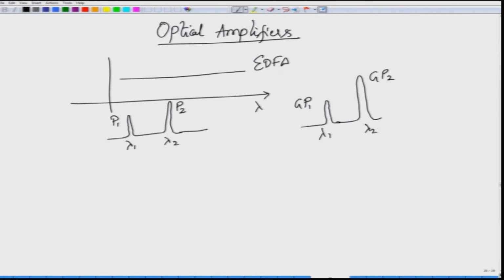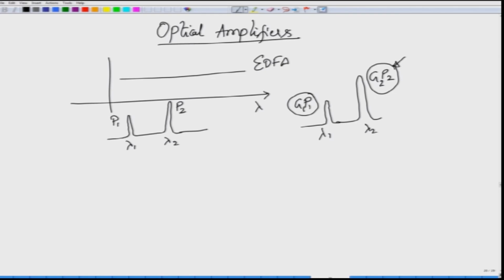However, because erbium doped fiber amplifier gain actually depends on the wavelength, the gain that you get for P1 will be different from the gain that you get for lambda 2. In case this gain happens to be much larger than the other, it might so happen that this signal will eat up all the gain of the erbium doped fiber amplifier, and the available gain for other wavelengths would be very small.